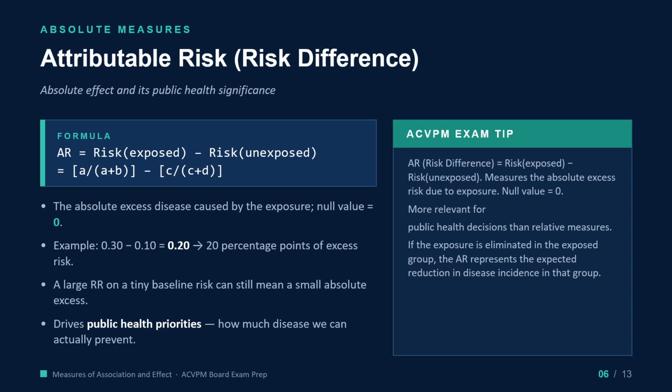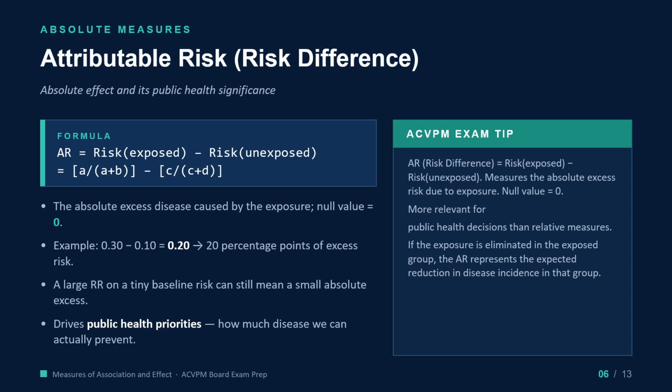If the risk of disease in exposed animals is 0.3 and in unexposed animals is 0.1, the AR equals 0.2 or 20 percentage points. That means 20% of the cases in exposed animals are directly attributable to the exposure, above and beyond the background rate.